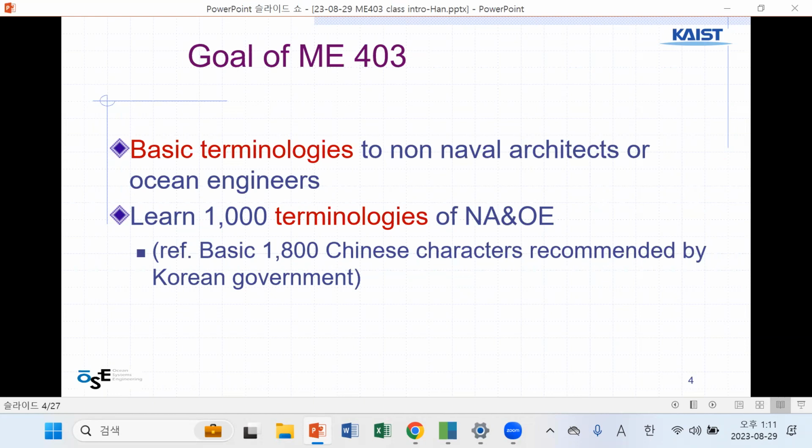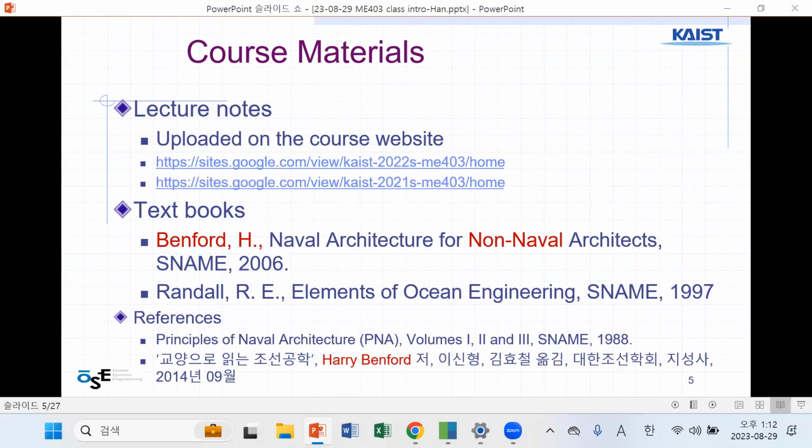In Korea, the government tried to have students learn about 2,000 Chinese characters. That is probably from my age of study, and probably it has changed now, but that is a baseline. That's why I'm saying you can learn 1,000 terms.